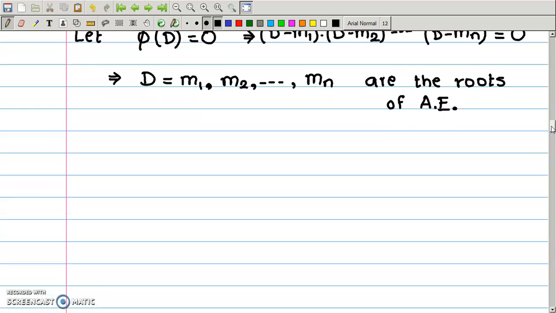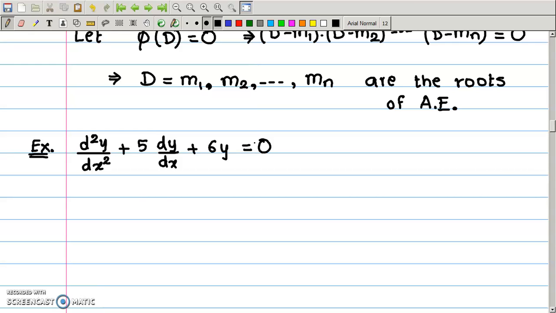To identify the actual nature, we consider one general example. So we take the differential equation d squared y upon dx squared plus 5 dy by dx plus 6y equal to 0.